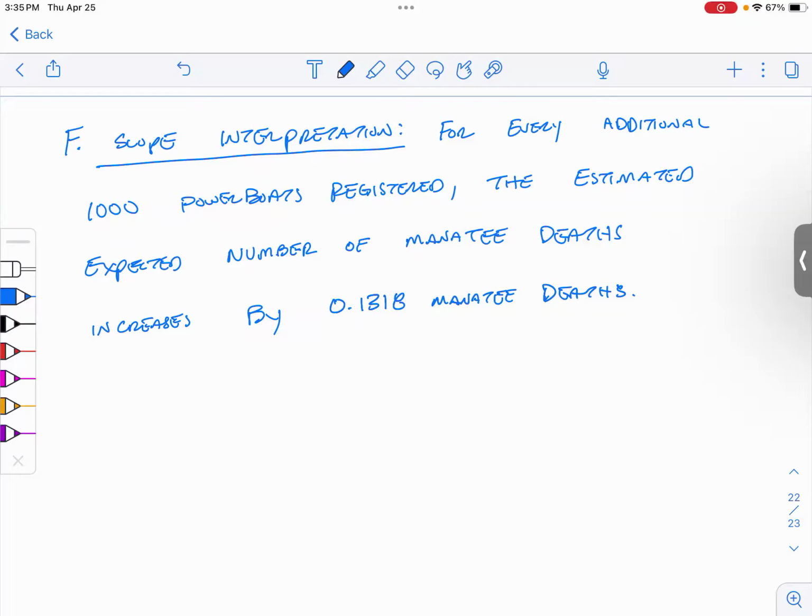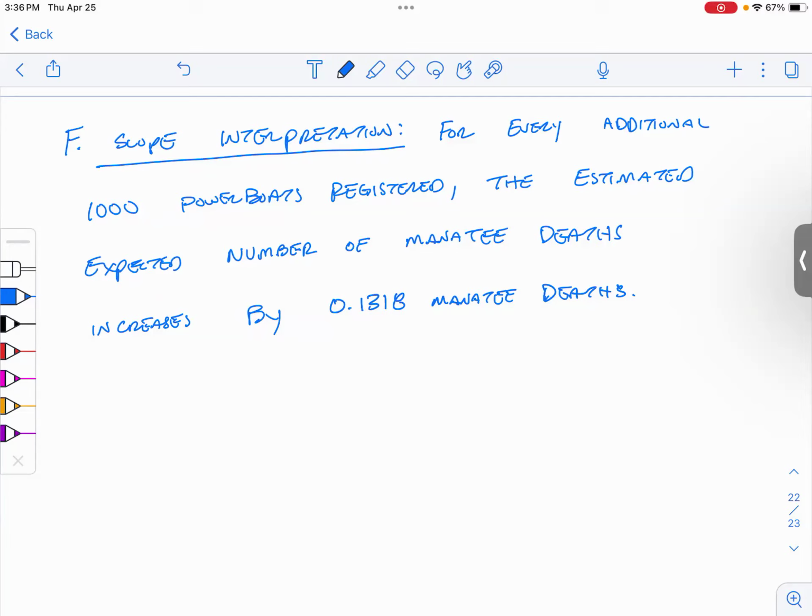Here's the problem. How many people are out there? There's about 7 billion. How many manatees are out there? Is there 7 billion? No. So I've had people argue with me before, oh, well, that's 7,000 powerboats, that's only 1 manatee death. Yeah, but it's the ratio.